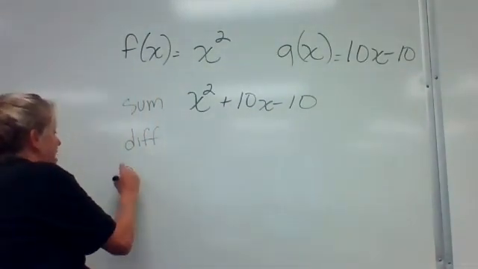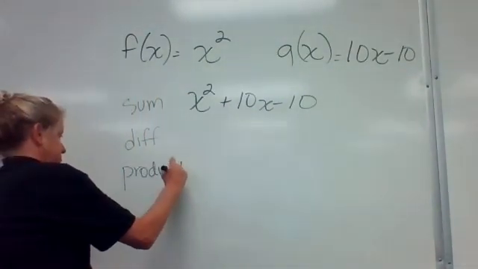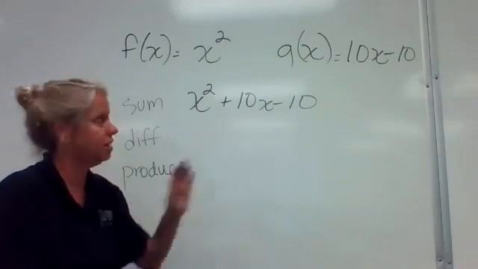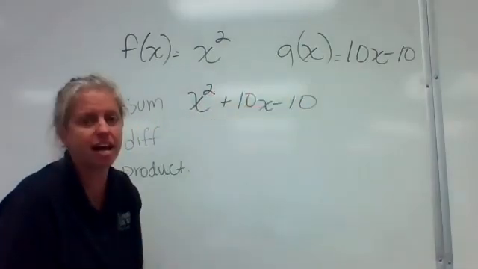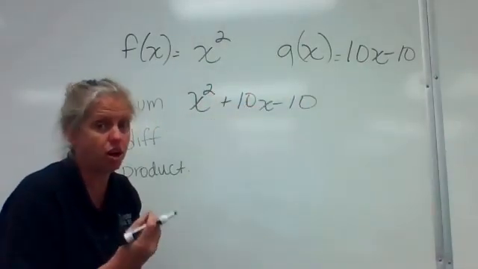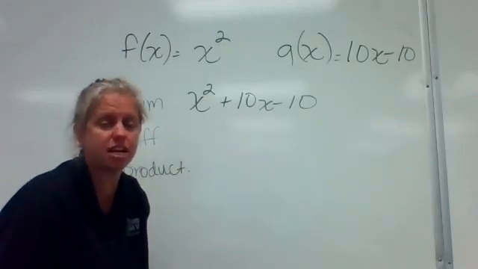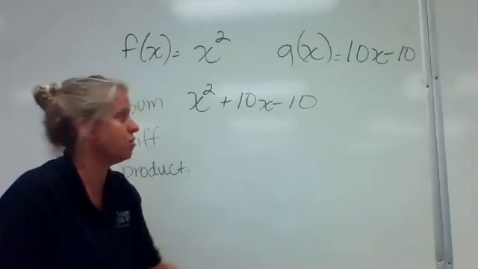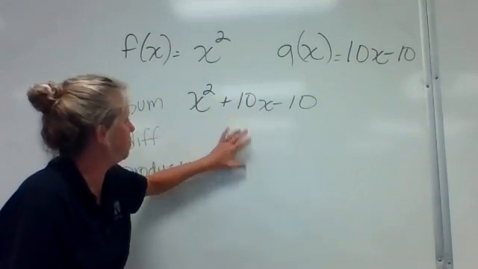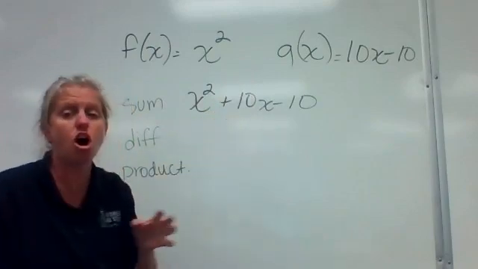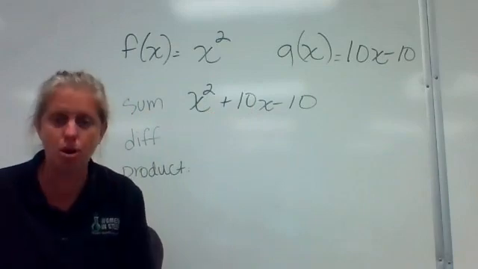Same thing if you're multiplying. If I multiply that times that, if you don't start off with fractions when you're multiplying, you're not going to end up with fractions. So in other words, the sum, the difference, and the product are all going to have the same domain.